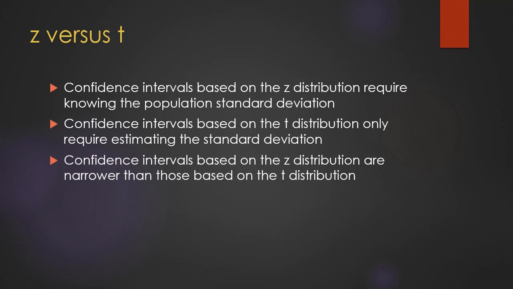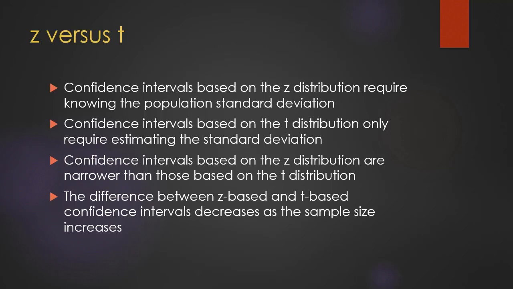The good news is that the difference between z-based and t-based confidence intervals decreases as the sample size increases. Why? Because when the sample size increases, the degrees of freedom increase, and as degrees of freedom increase, the t-distribution looks more and more like a normal distribution.